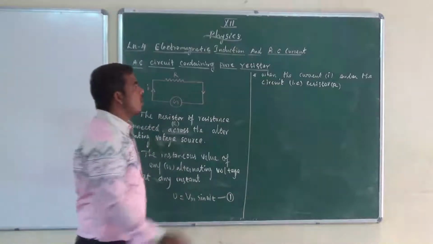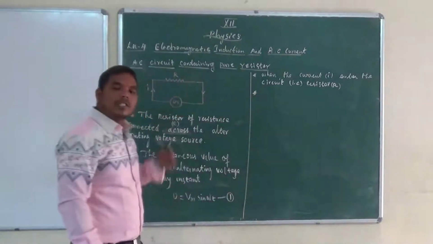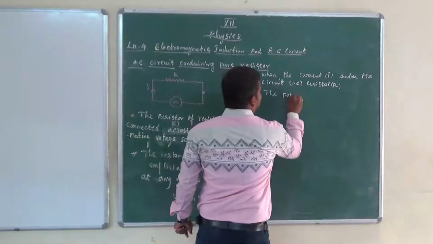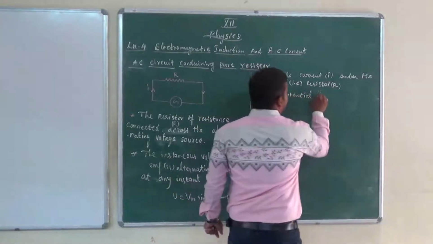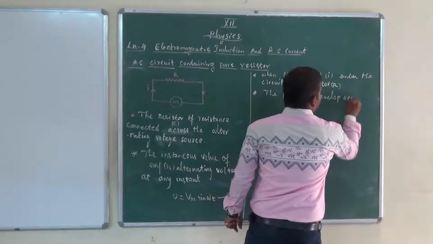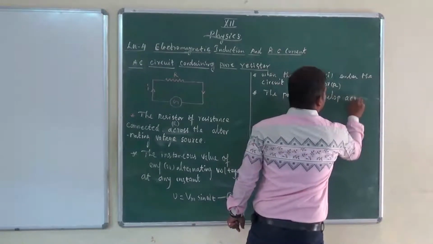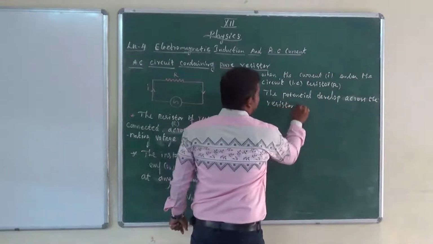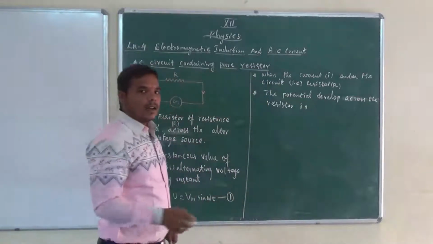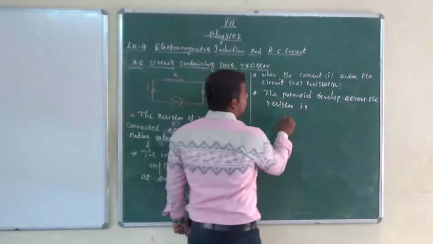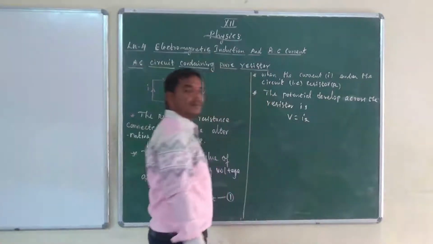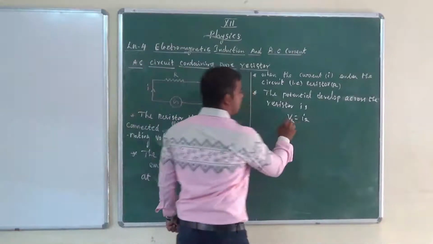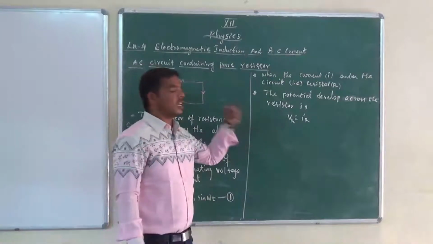The potential develops across the resistor. We can write the mathematical equation V equals IR, or VR equals IR, because it is the voltage drop across the resistor.